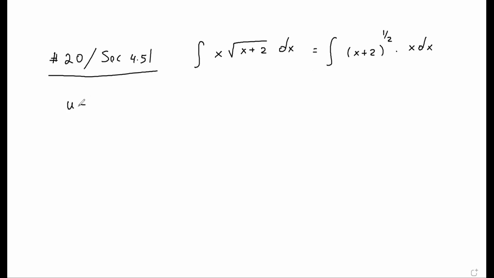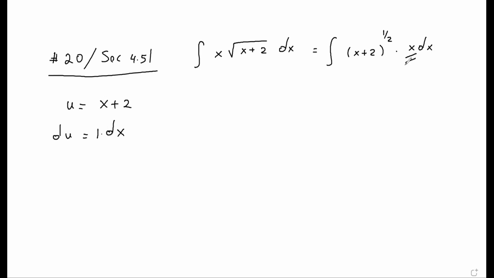So yes, it makes sense to do the substitution u equals x plus 2. And then do the derivative, du equals, and we will see that that is the same as dx, 1 times dx, right? So there's nothing really there to worry about except that we have x dx, which is not necessarily a derivative. So here's the trick with this problem.